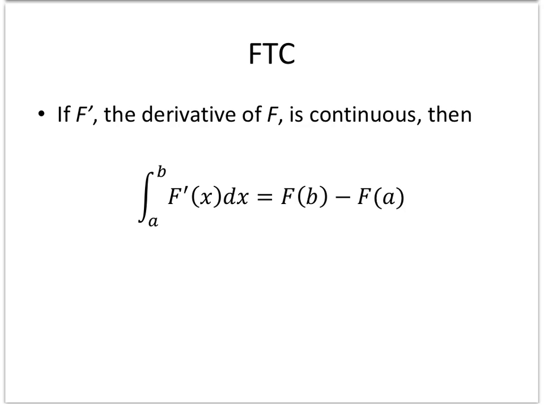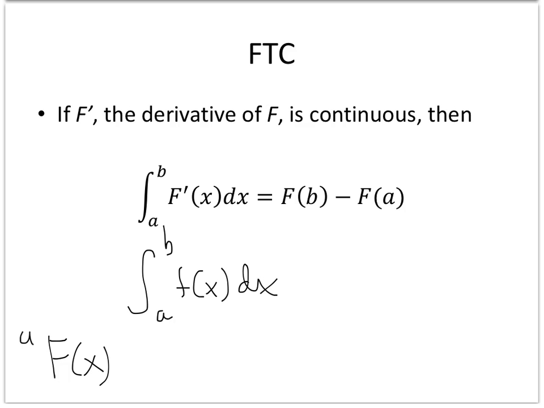So if big F, the derivative of f, is continuous, then we can do this by simply finding my integral from a to b of f prime of x dx. Now this makes sense the way it's written, but in your problems, most of them are going to look like this, and the original function they're going to call the big F of x.